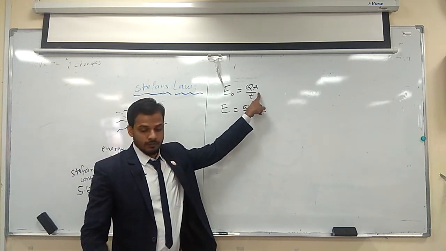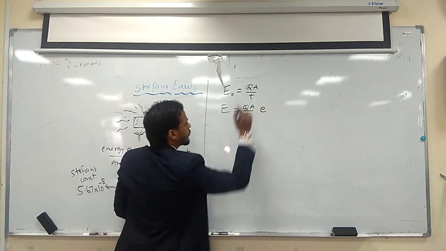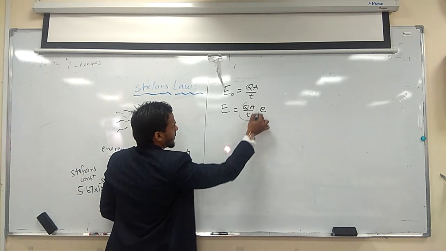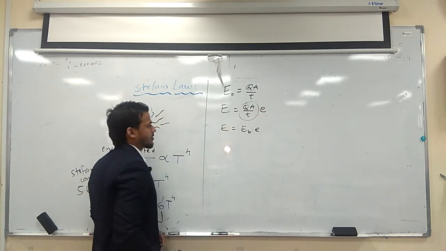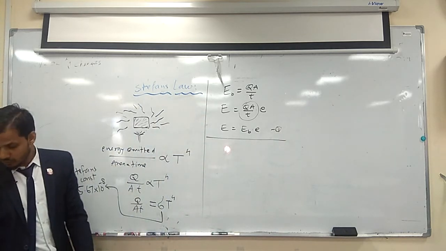Why is e not here? e is not here because it has the value 1. So Q by At I can write like this, E is equal to E_B into e. Simple. You understand up to here? I can make it equation 1.